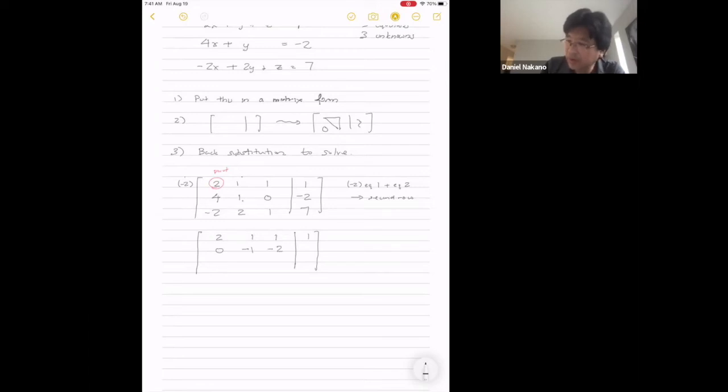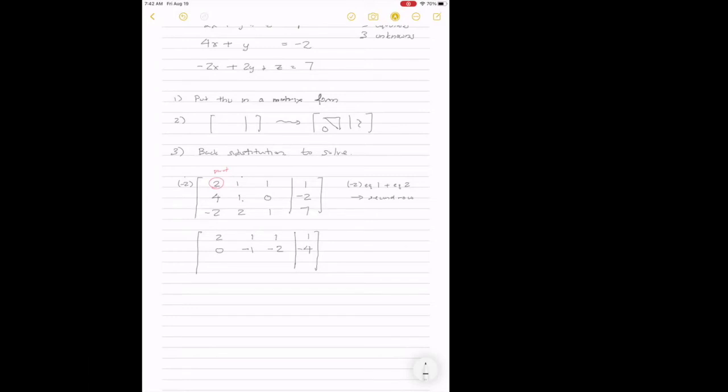And then finally I get minus 2 minus 2. I add those together, that's minus 4. Okay. Does everyone see how we do this? So we use the pivot to our advantage, and we multiply the pivot times something so that we can knock out the thing underneath the pivot. Okay?